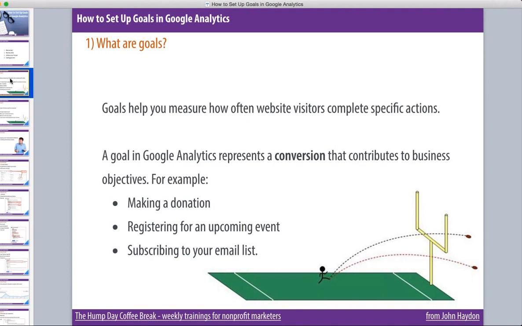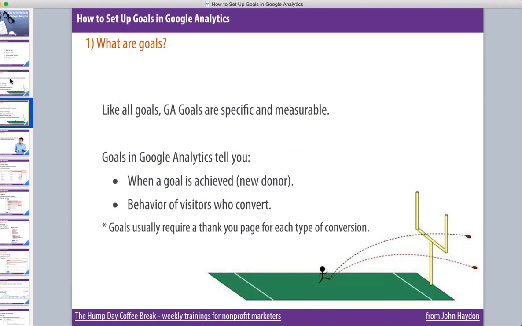Goals really help you direct your use of Google Analytics and also everything else that you're doing. Like all goals, they are specific and measurable. Goals in Google Analytics will tell you when a goal is achieved, for example, a new donor. You'll also be able to look at the behavior of visitors who convert. For people giving you donations, you can look at where they are coming from. Are they coming from Facebook, Twitter?